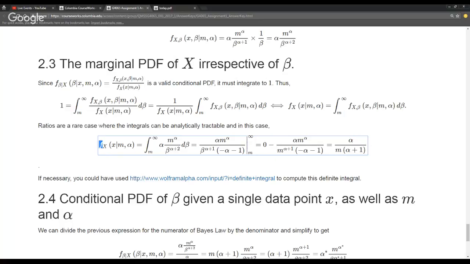So this denominator piece here only depends on stuff that's known, which is x and the value of m that you wanted and the value of alpha that you wanted. The numerator depends on this unknown beta, which we're trying to make inferences about. So we say sometimes the denominator is the constant because it doesn't depend on any unknowns after we've integrated the unknown beta out, by putting in the upper and then putting in the lower and subtracting that to do the definite integral.